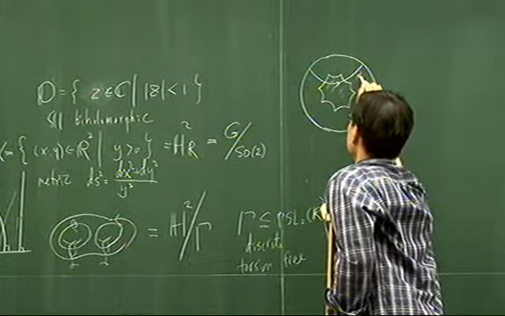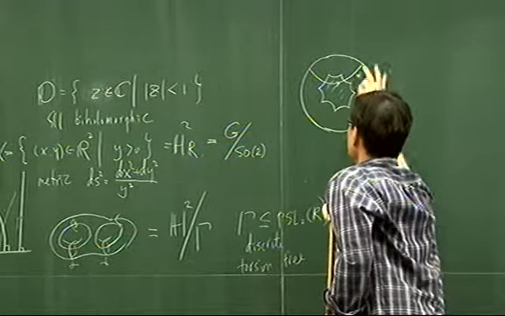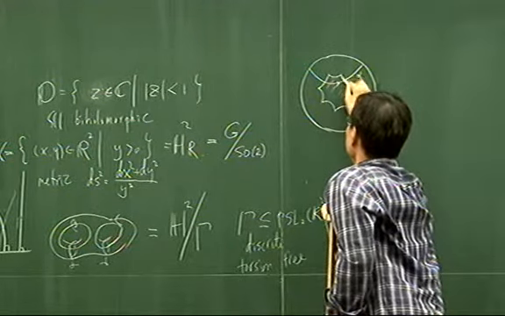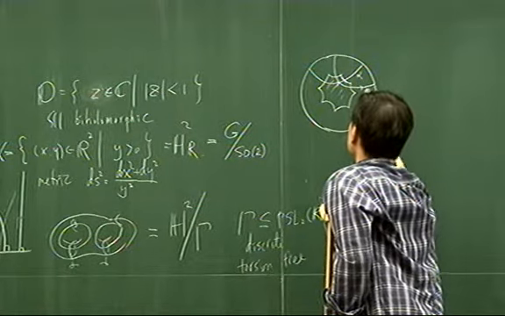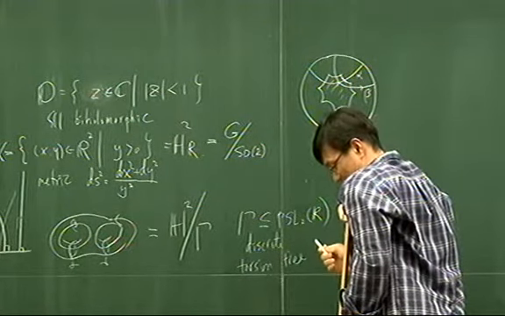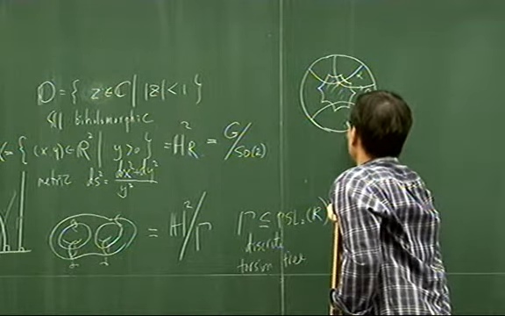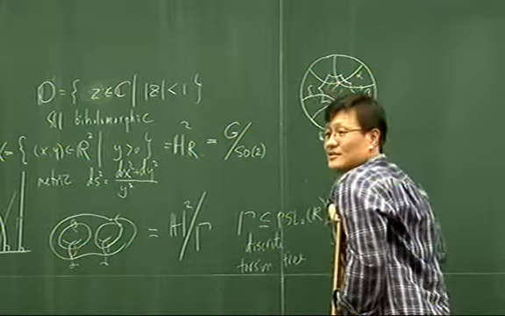Okay, this is alpha. So it's a translation along this geodesic, and you glue this side to this one. Beta being like this. Okay, and gamma and delta.